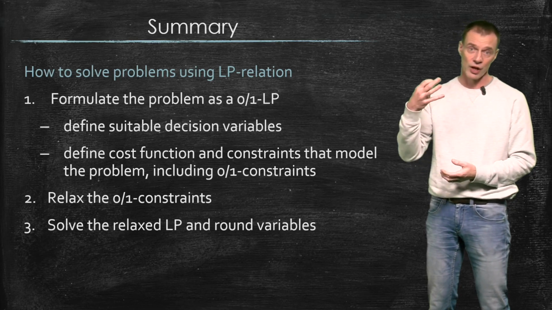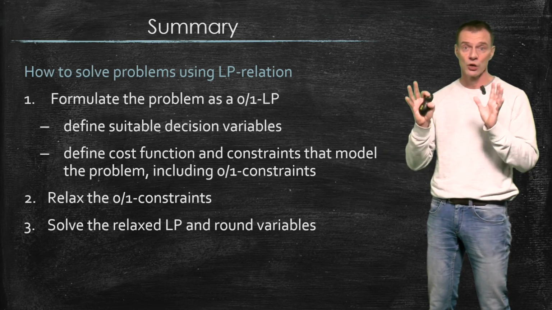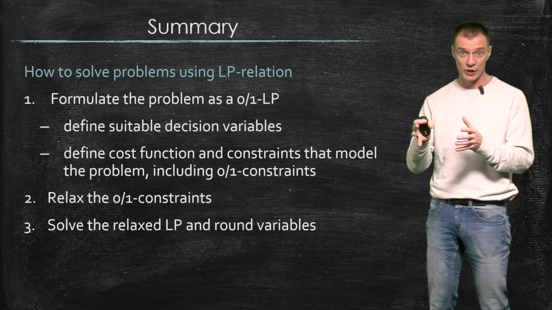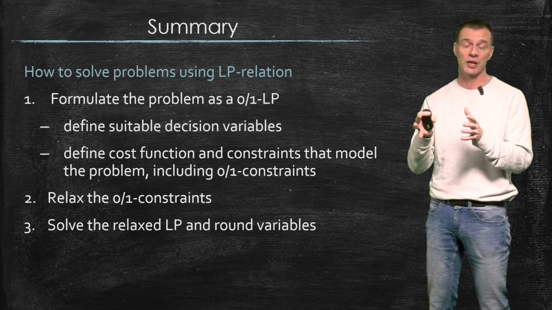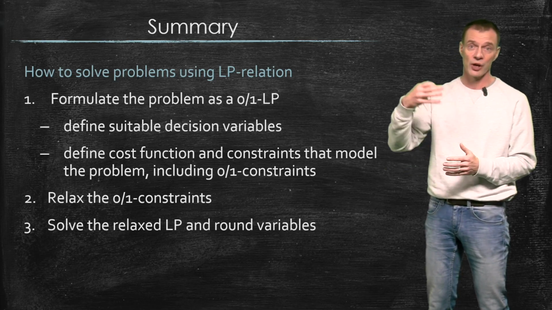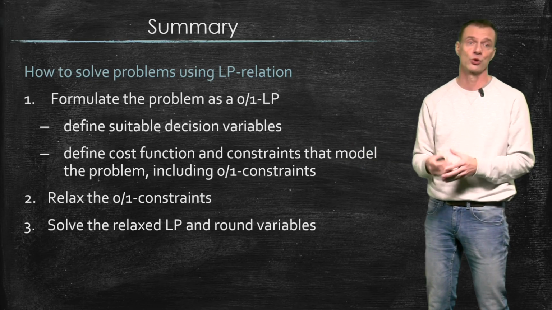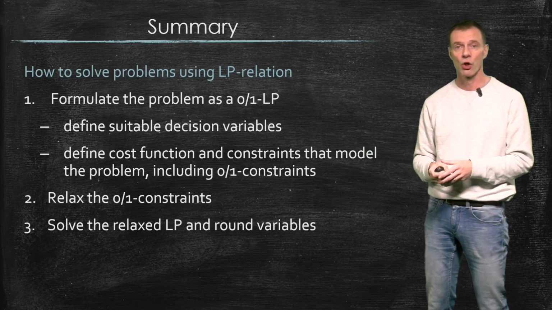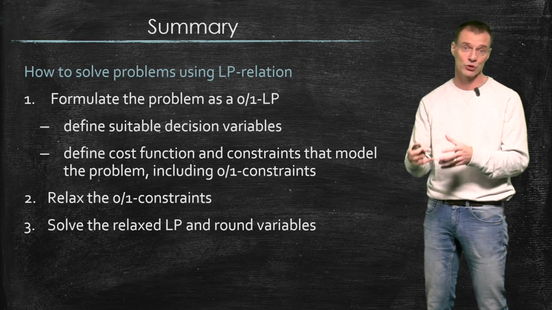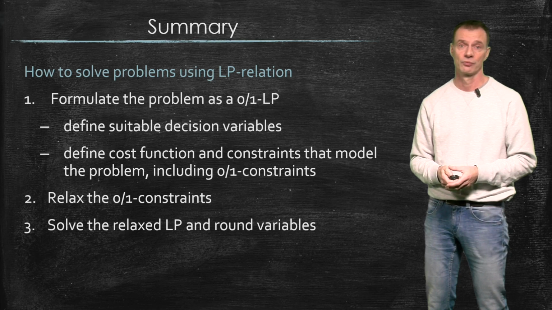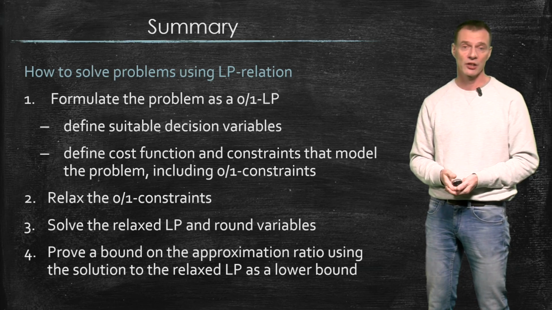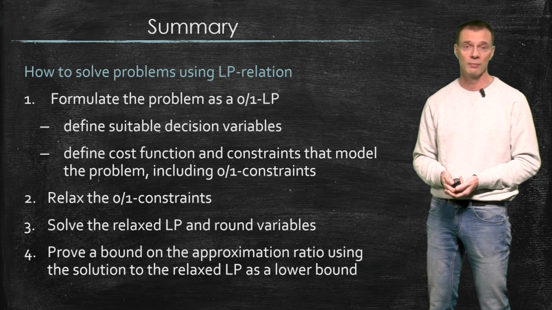And then you have to somehow decide how to round these variables. Right? So you get values between 0 and 1, and you have to pick a suitable threshold t that you can use to decide which variables to round to 1, and those would correspond to, let's say in general, objects that you select into the solution, and which variables to round to 0. Okay? Then, once you've done that correctly, you will get a valid solution in polynomial time.